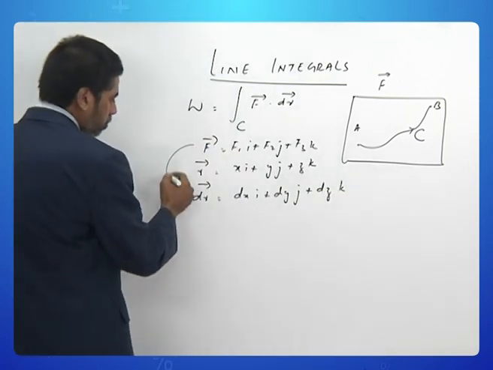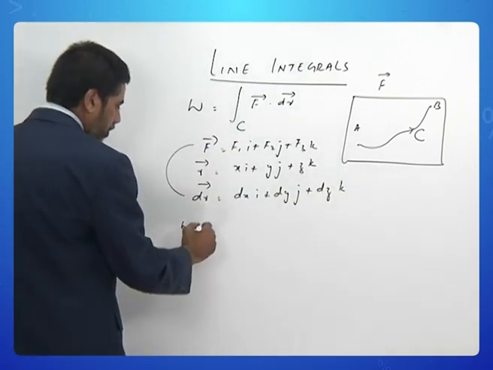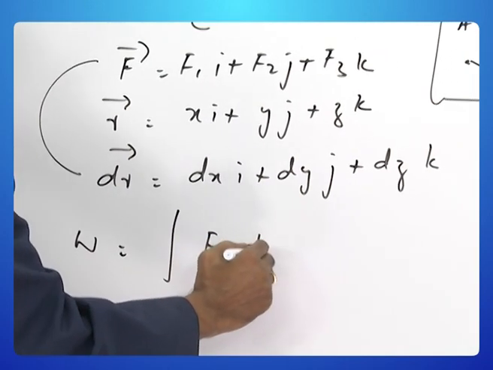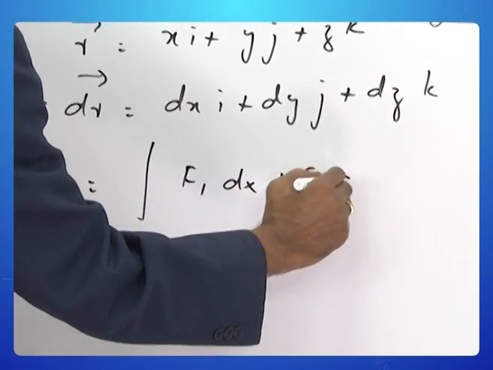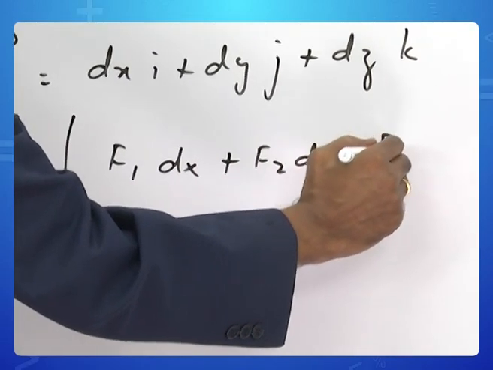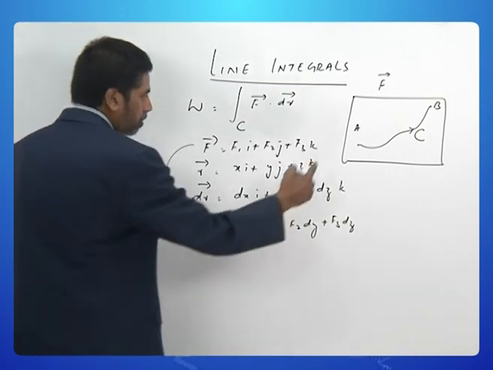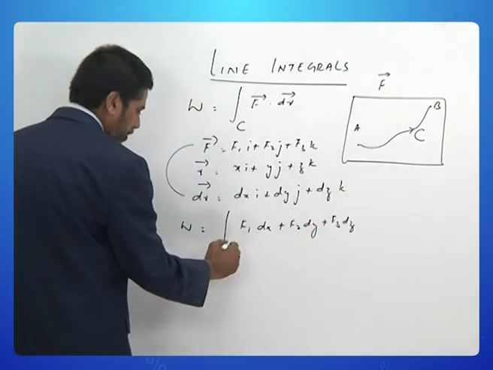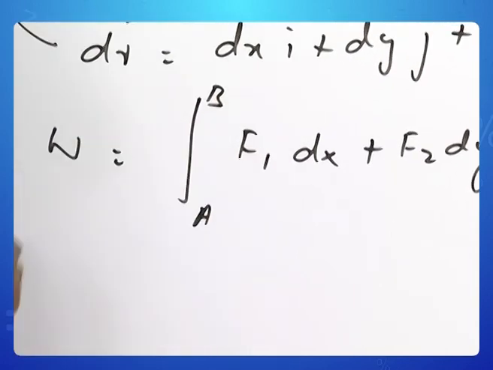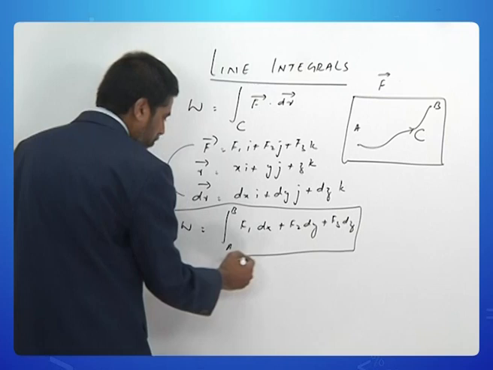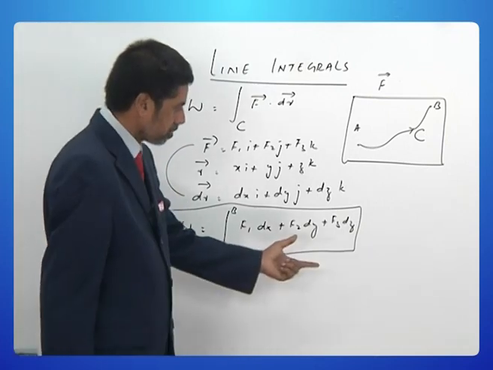Now when you take the dot product of this, you get the work done as the integral f1 dx plus f2 dy plus f3 dz. You can specify C or you can mention the endpoints A and B. Now this is the working formula for all line integrals.